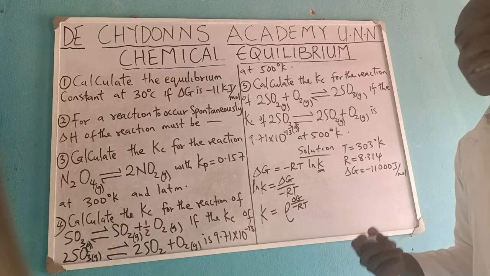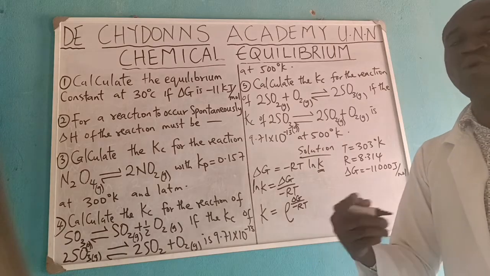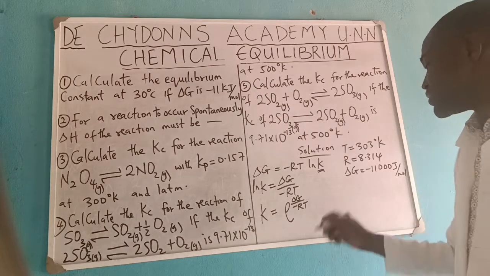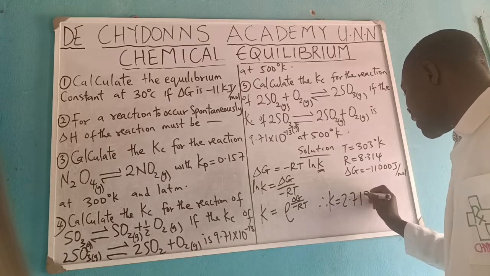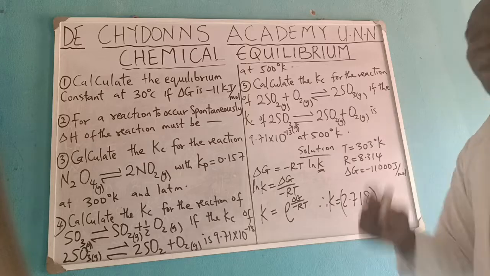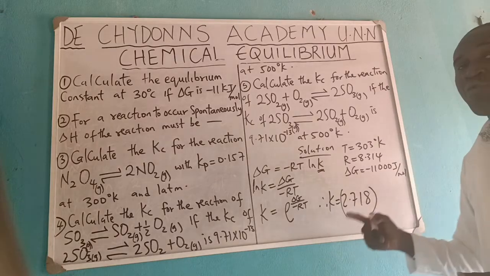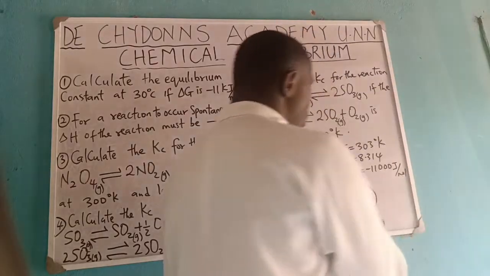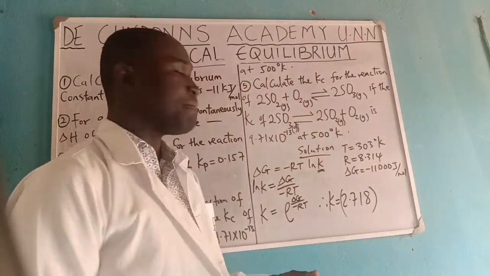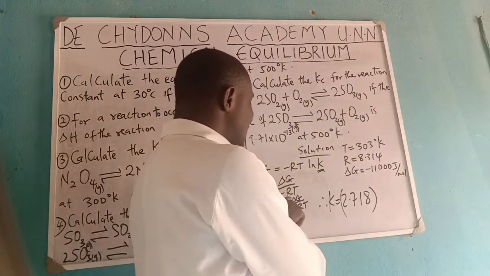Now, in mathematics, exponential is equivalent to 2.718. Anytime you see 2.718 raised to power of, it simply means exponential. Now, what is our change in G?